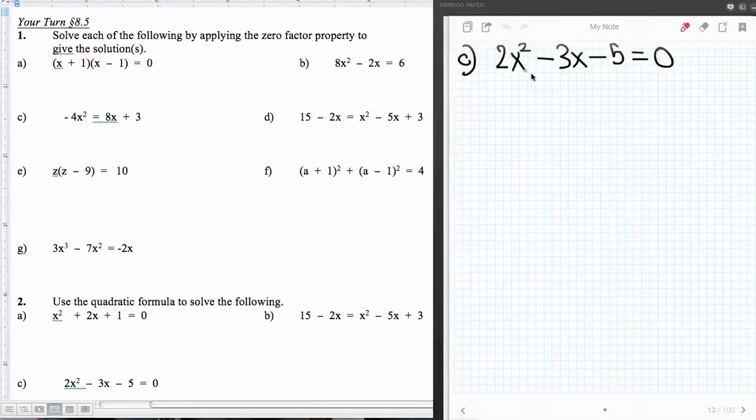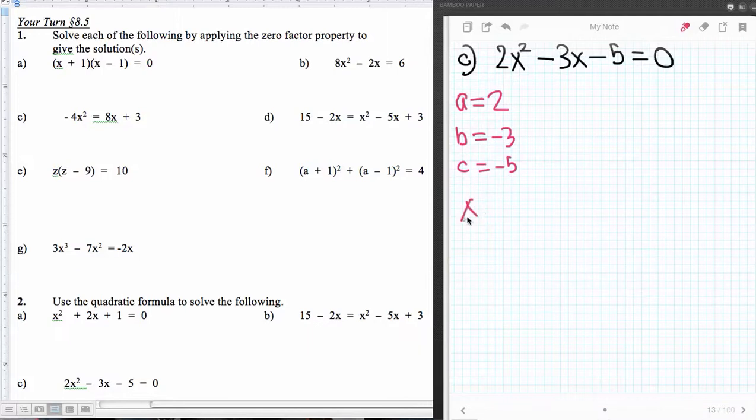All right, now part C, we've got our a, leading coefficient, 2, b, that's the coefficient of the x, negative 3, our c being our constant, that's a negative 5. Now we're going to simply insert these in.